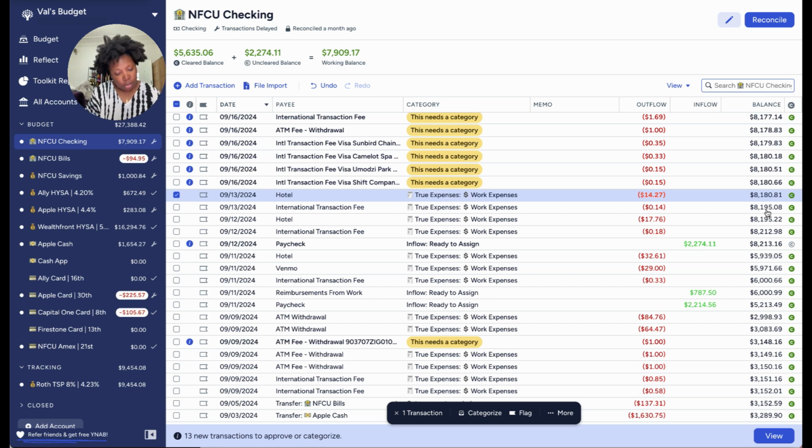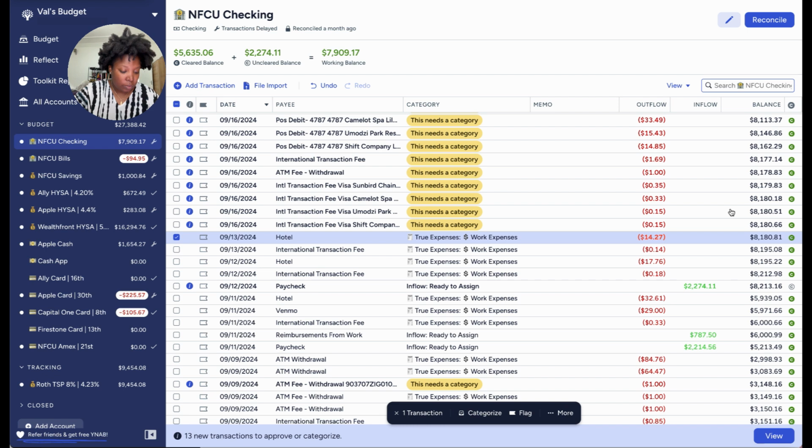What is this other one? Oh no. But so we have, what did I say? 1, 2, 3, 4, 5 international transaction fees. So we have 15 cents, 15 cents, 33 cents, 35 cents, and $1.69.